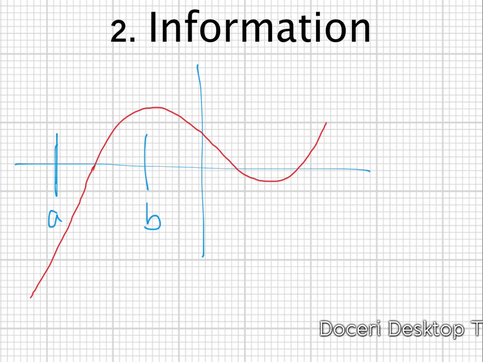Okay? You'll notice going down here, here's f of A. That's f of A. If I substitute in A to f of x, this is my y value for that.